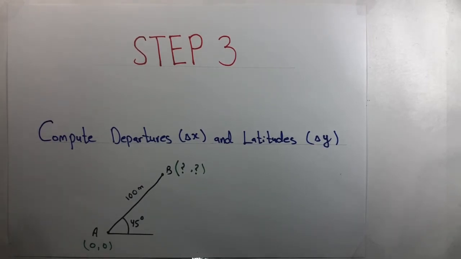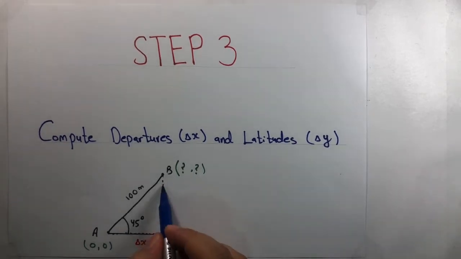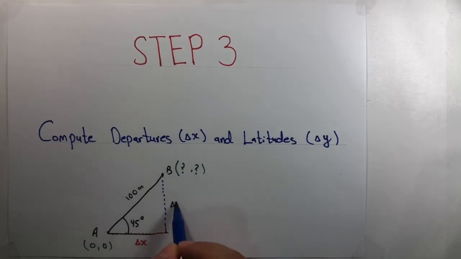So normally in mathematics, or whatever subjects we study those things, in surveying, geomatics, mathematics, physics, how do we solve this question? Simply, we draw a horizontal line, and we call this line delta x. Then we plot a vertical line, and we call it delta y. These are the departures and the latitudes. So this is the departure versus the latitude. So how do we get this departure?